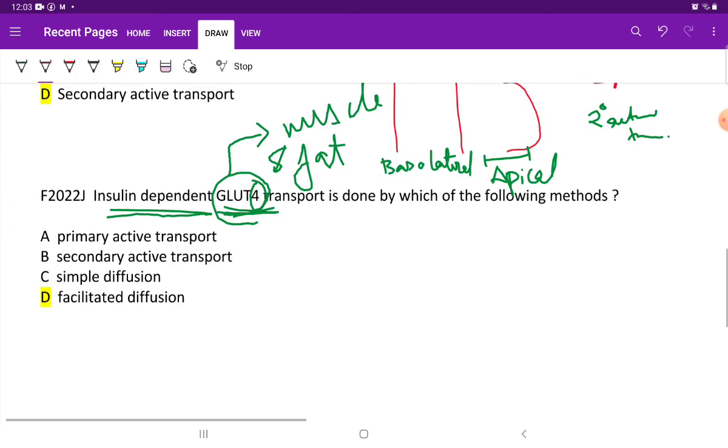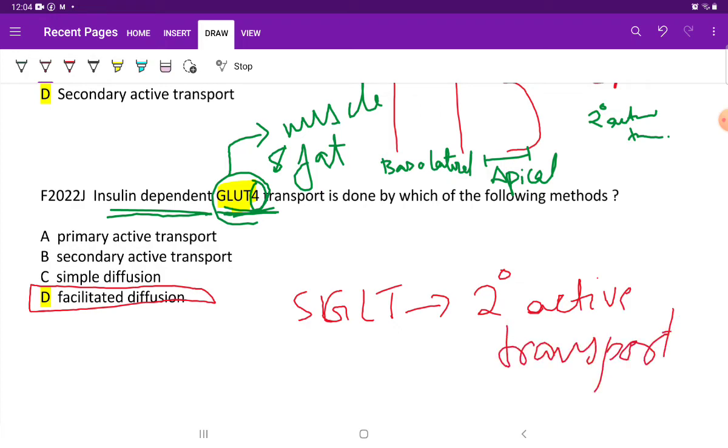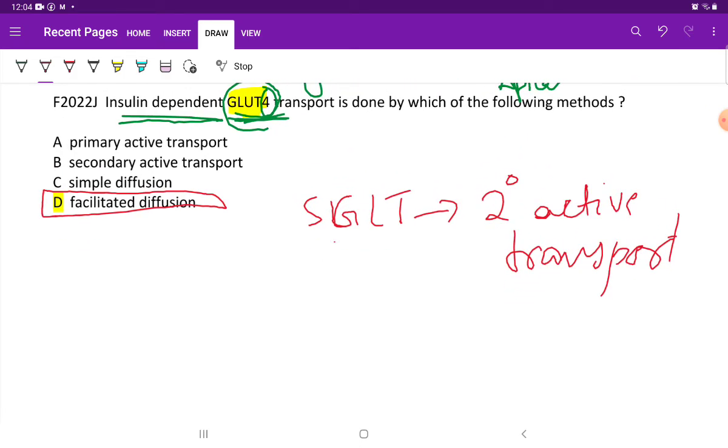Now as we mentioned about GLUT, the process utilized is facilitated diffusion, and if SGLT was mentioned, it is secondary active transport, and SGLT helps to transport glucose in GIT and kidney.